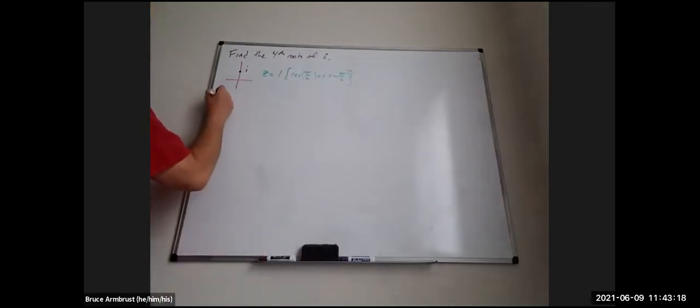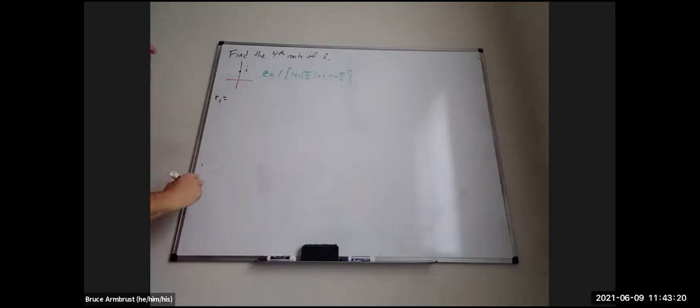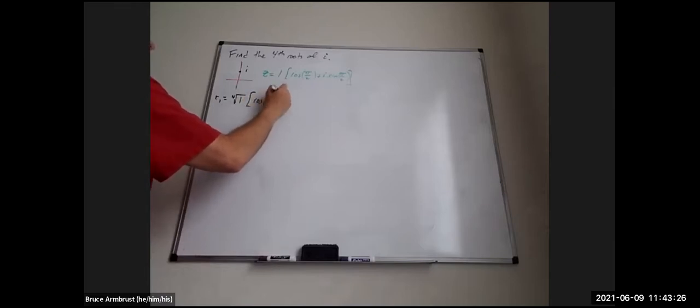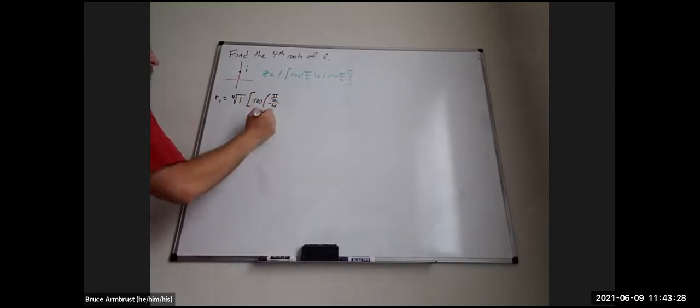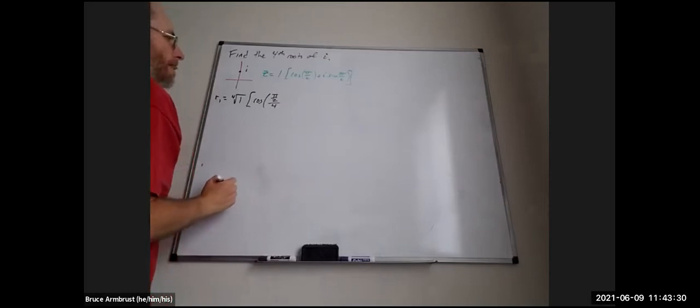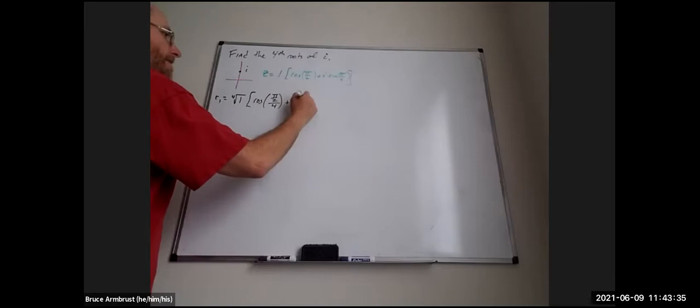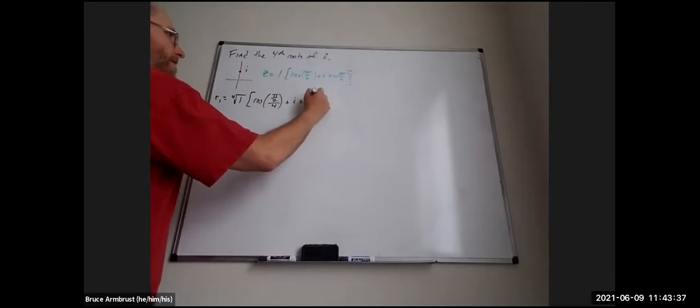All right, so here we go. Let's get our 4 roots. So we're going to get the 4th root of 1 times the cosine of pi over 2 divided by 4, plus i times the sine of pi over 2 divided by 4.